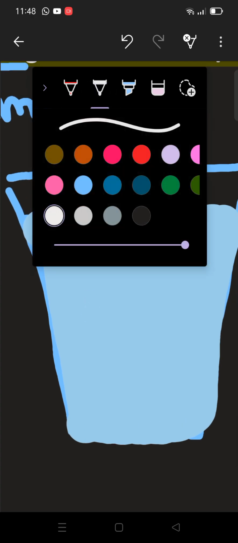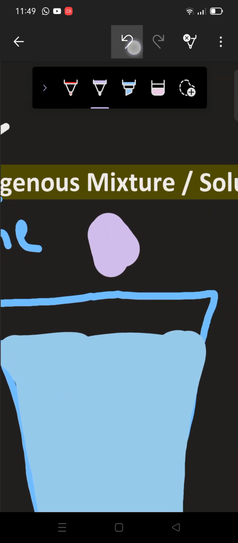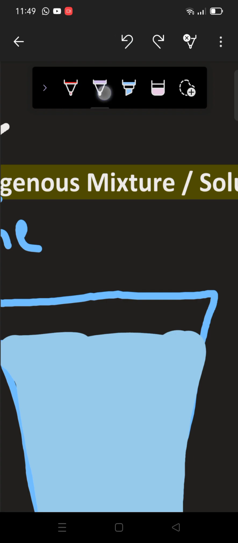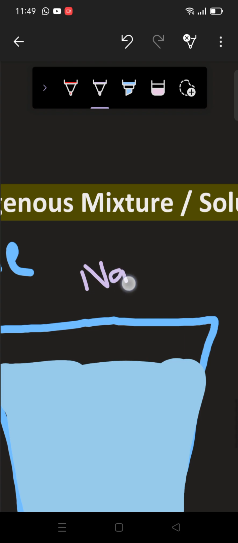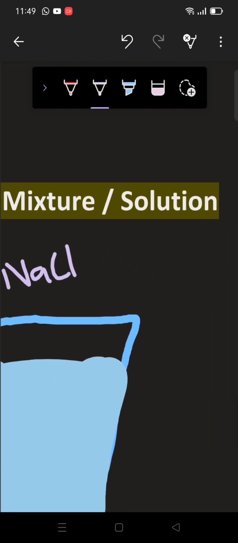So this is water we do have, and I am putting NaCl into it. NaCl is what? It is a table salt. NaCl is sodium chloride.